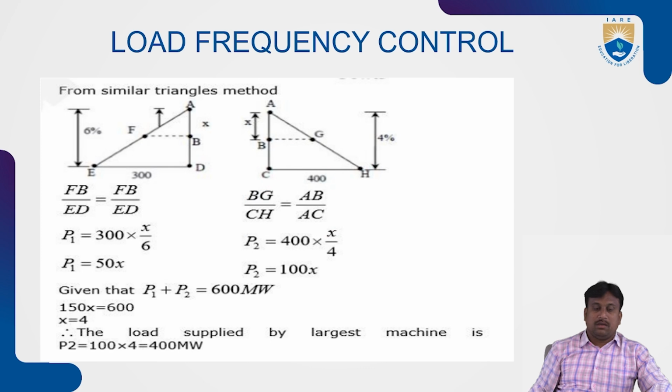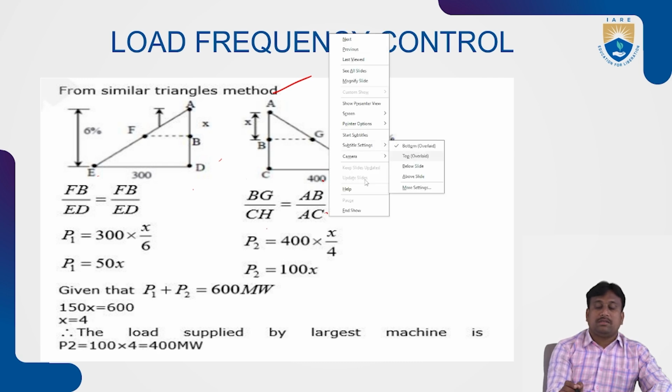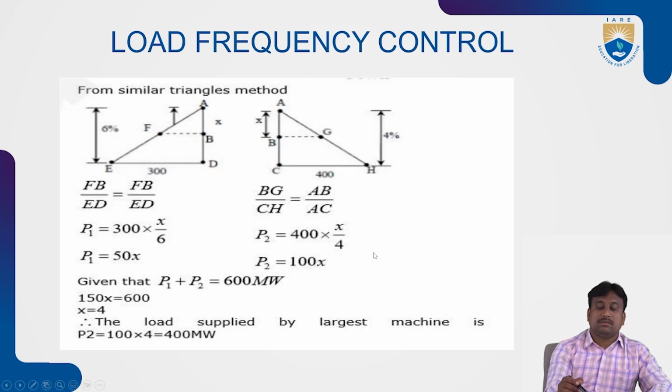With this similar triangles method, we consider the separate triangles AED as well as ACH. Here it represents 300 power and here 400. From this portion we may treat FB by ED, and BG by CH, equal to AB by AC.